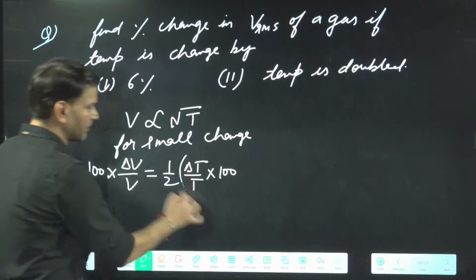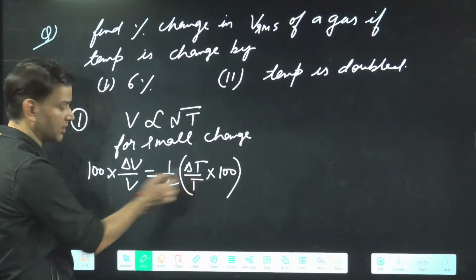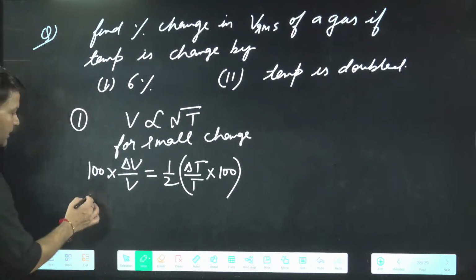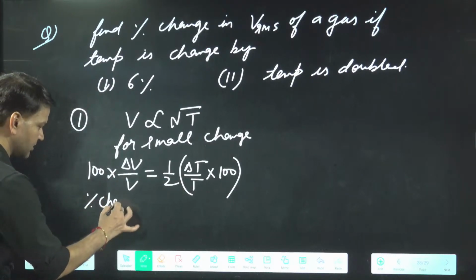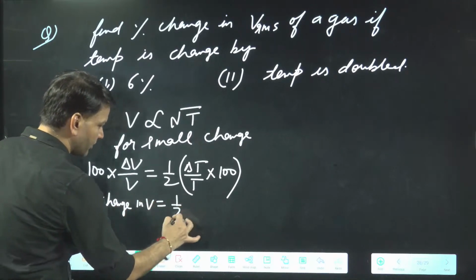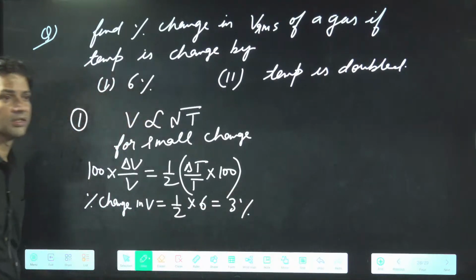So delta T by T into 100 is the percentage change in temperature, and that value they have given as 6%. Delta V by V into 100 is the percentage change in velocity. Then percentage change in V is equal to half of 6, so you get 3%.